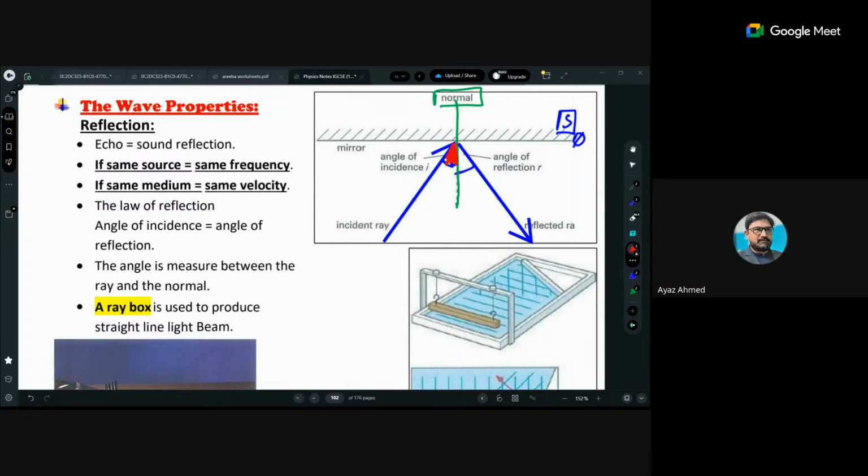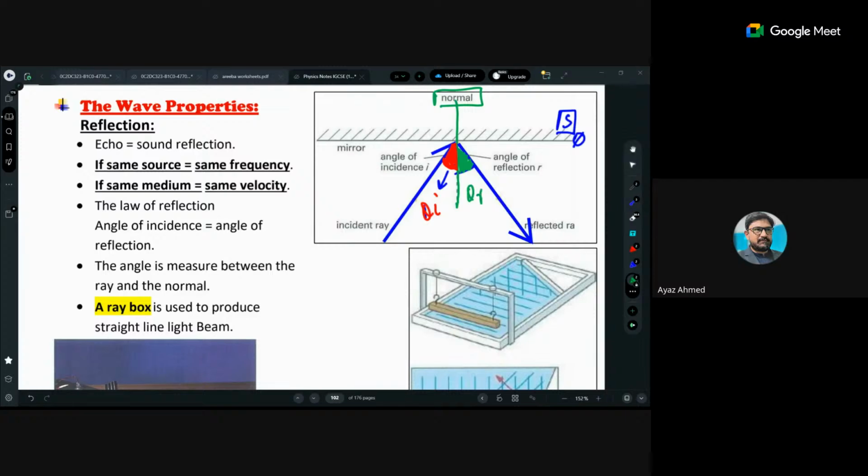Please ensure this thing that the angle which is between this surface and ray, this is not angle of incidence. Okay, this is not angle of incidence. So this is your angle of incidence, theta I. ठीक है? और फिर आपके पास ये होता है when the wave is reflected back, the angle between reflected wave and normal, that is your theta r.